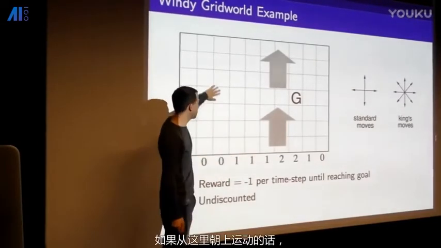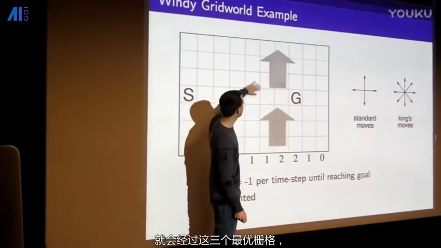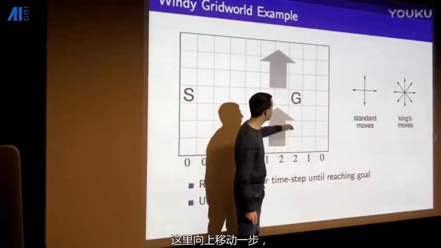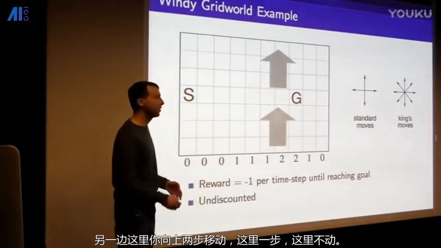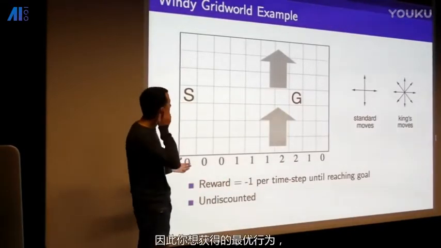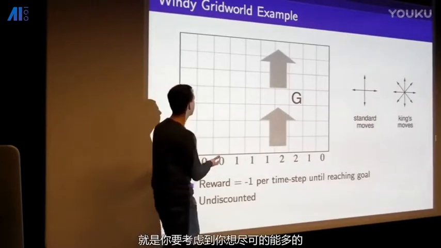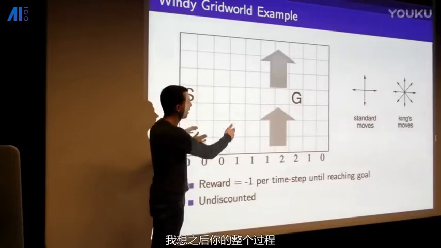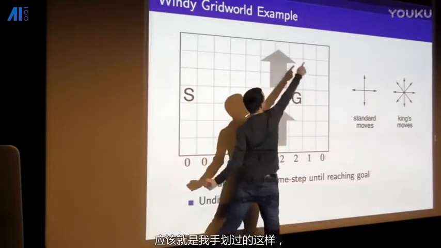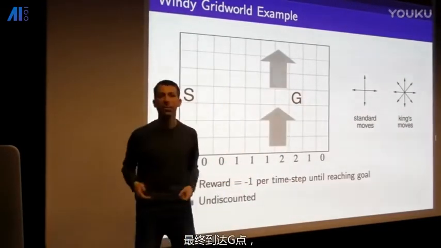There's no wind over these first 3 columns. Then you get pushed up 1 step when you move here, 2 steps up here, 1 step here, and 0 here. So the optimal behavior is to make as much progress as you can when there's no wind, and I think you end up taking this route, as we'll see on the next slide.